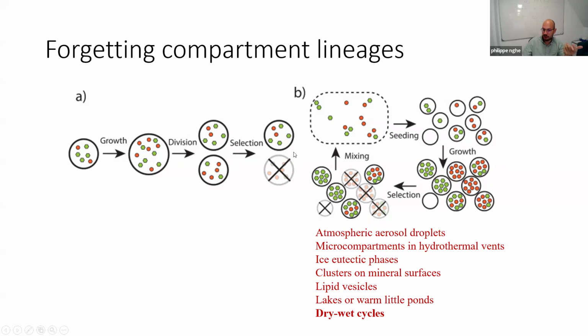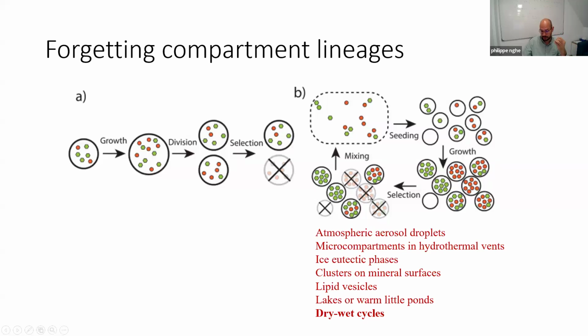Well, maybe it could have happened, but here we propose something even simpler, which is transient compartmentalization, where objects are compartmentalized and incubated, so you have copies in compartments, and then there is a selection at the compartment level, but there is no growth and no cell division. You just repool everything.